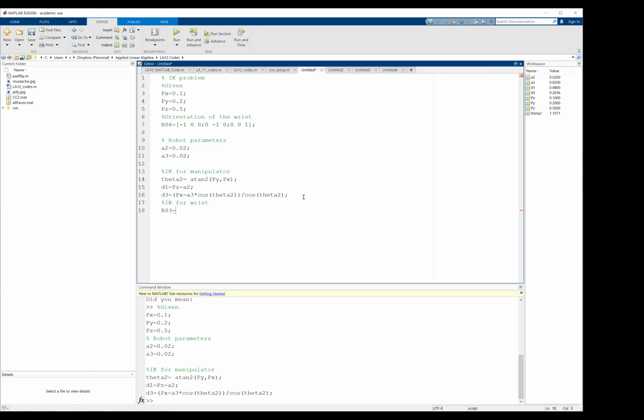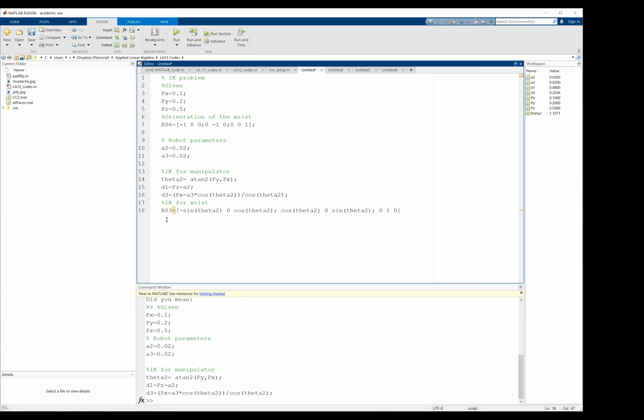R03 is given as [-sine theta 2, 0, cosine theta 2; cosine theta 2, 0, sine theta 2; and last but not least 0, 1, 0].